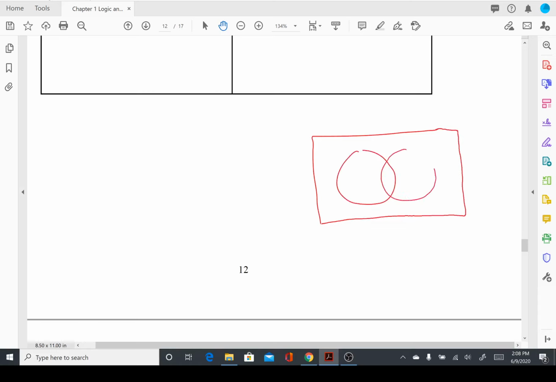One of your homework questions asks you about cats and dogs. So I will give you an example.